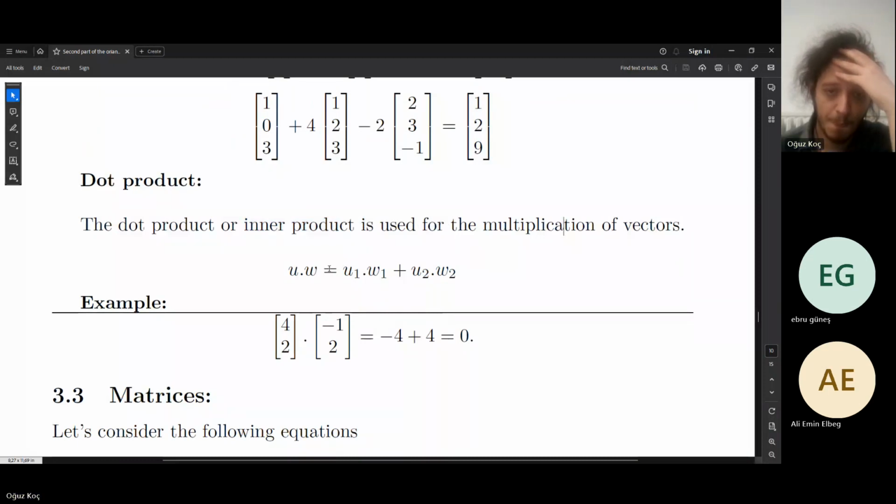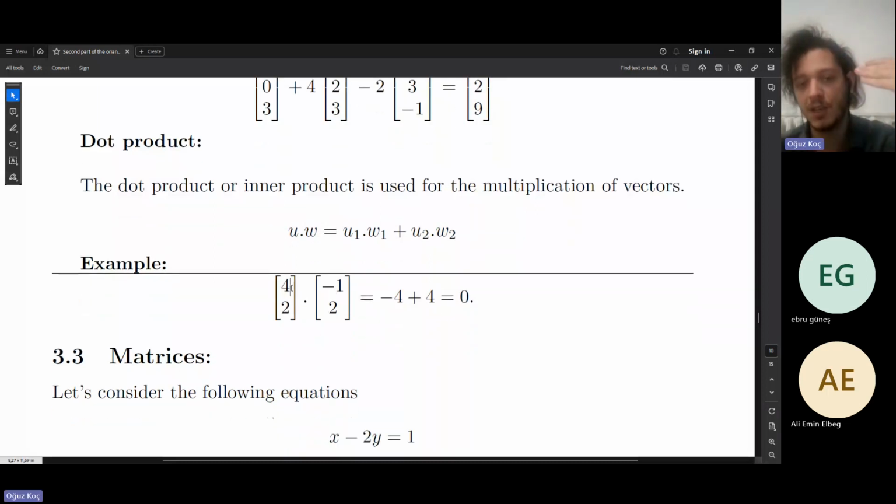For this, we already know that U has elements U1 and U2, and the elements of W are W1 and W2. We just multiply the first elements of the vectors with each other, and then we sum that with the multiplication of the second elements of the vectors.